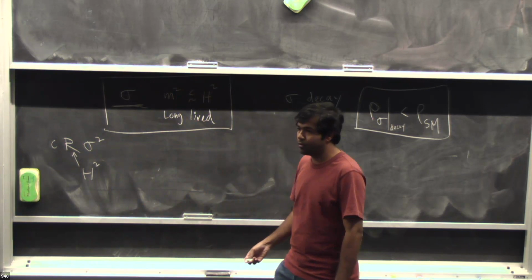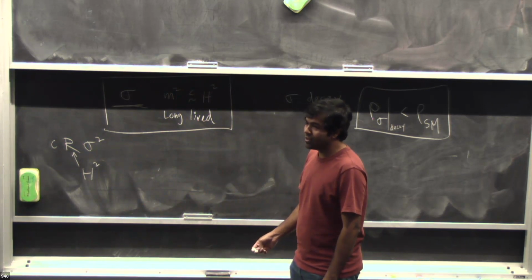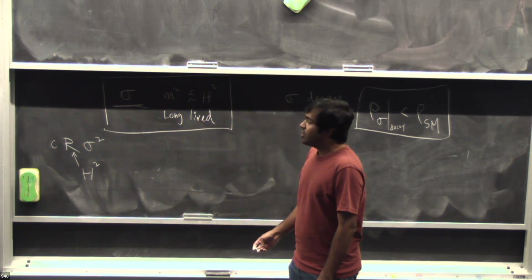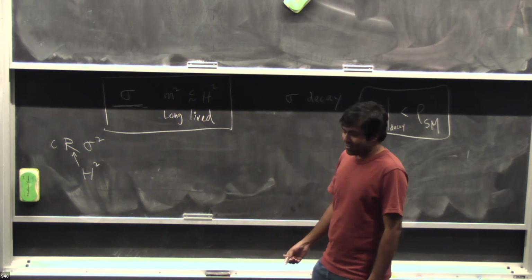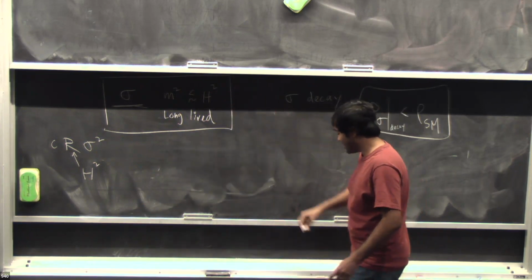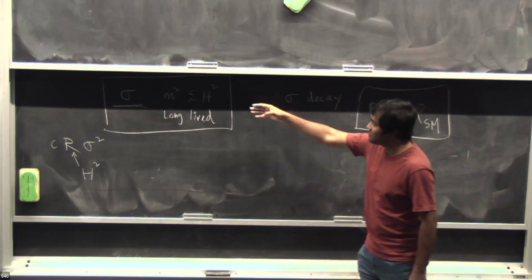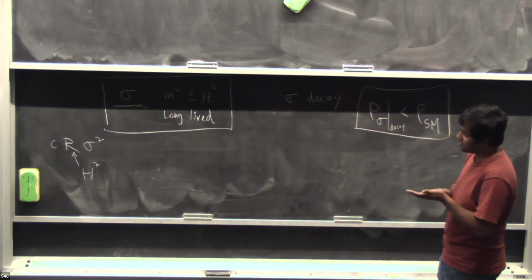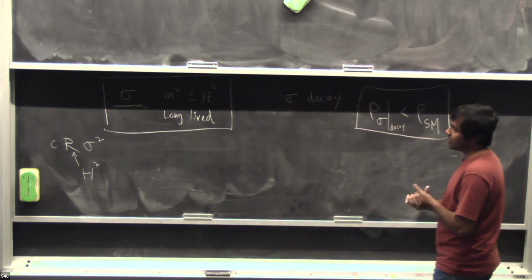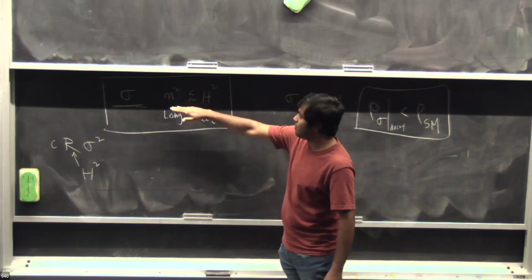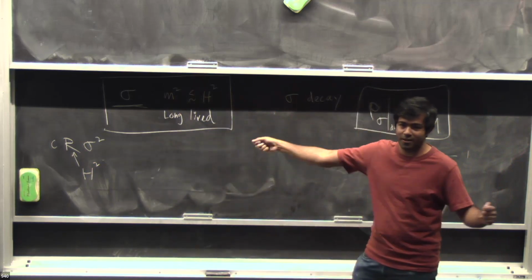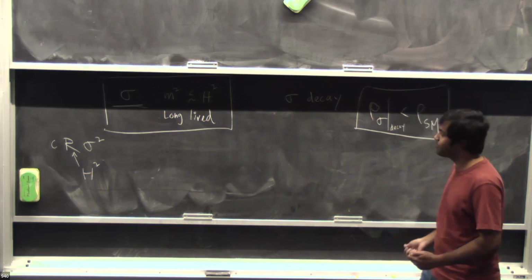The problem with that, of course, is that you can write down a zillion other operators that are bigger than this. We'll see in what ways this is relevant. But the qualitative idea is that if the masses are much bigger than Hubble, then they don't survive as long. You don't produce them as well.